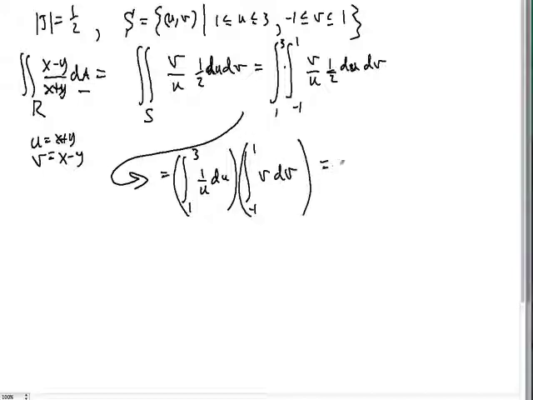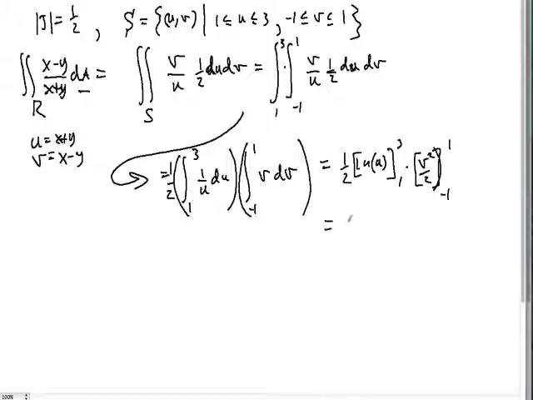Okay, that's easy enough to compute. So we need to put a 1/2 out front: 1/2 natural log of u evaluated from 1 to 3, times v squared over 2 evaluated from -1 to 1.